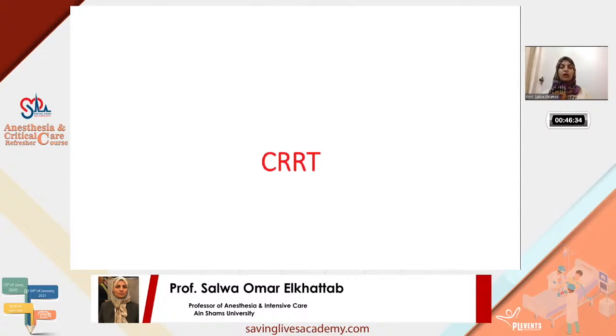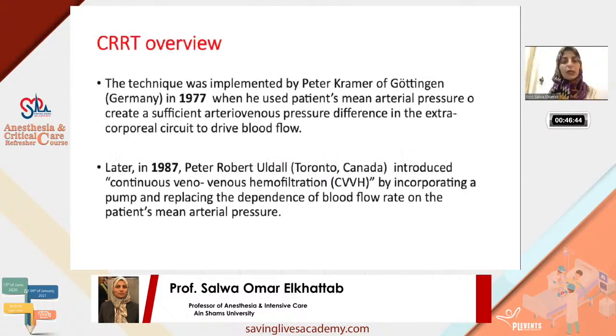Let us have a highlight on continuous renal replacement therapy. We will not go very deep, but it might be helpful. It started in 1977 by a German physician, Peter Kramer. He was using, at that time, mean arterial pressure to create this difference to push blood to the extracorporeal machine. Later on, in 1987, from Canada, Peter Rupert introduced continuous venous hemofiltration by using a pump.